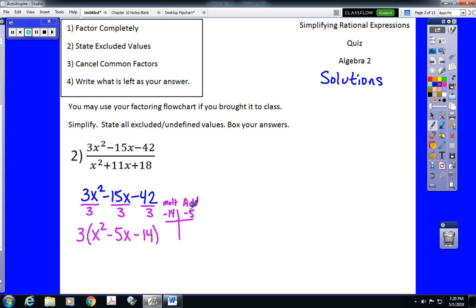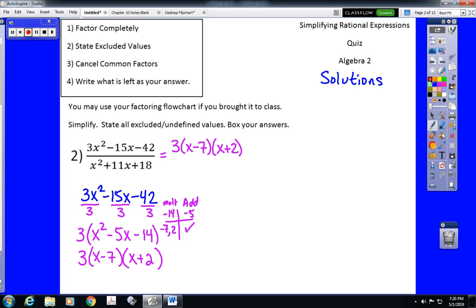If they add to negative 5, the only pair of numbers that multiplies to 14 and is separated by 5 on the number line is negative 7 and positive 2. That would be the set that adds to negative 5. So since there's no number in front of x squared, we are simply going to factor that trinomial into an x minus 7 and an x plus 2. So our numerator is 3 times x minus 7 times x plus 2.